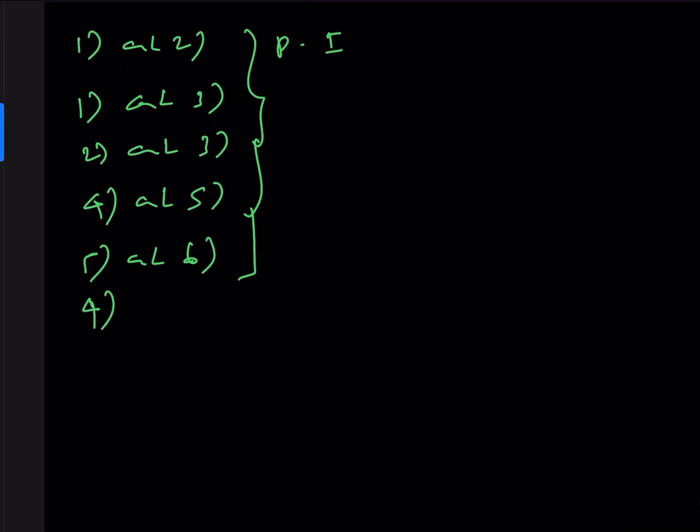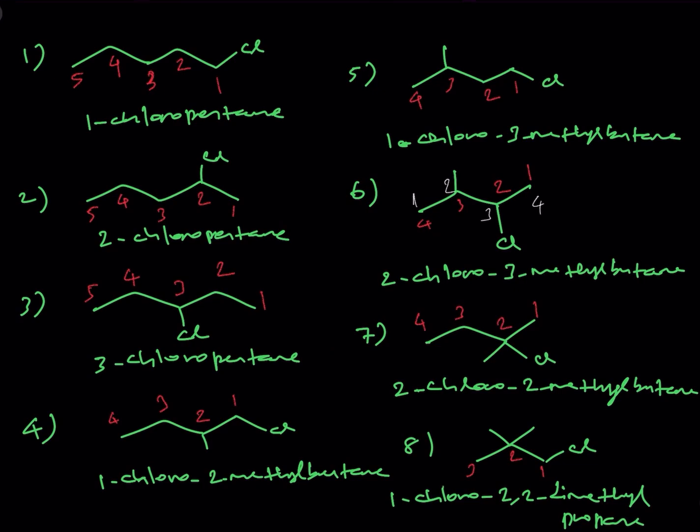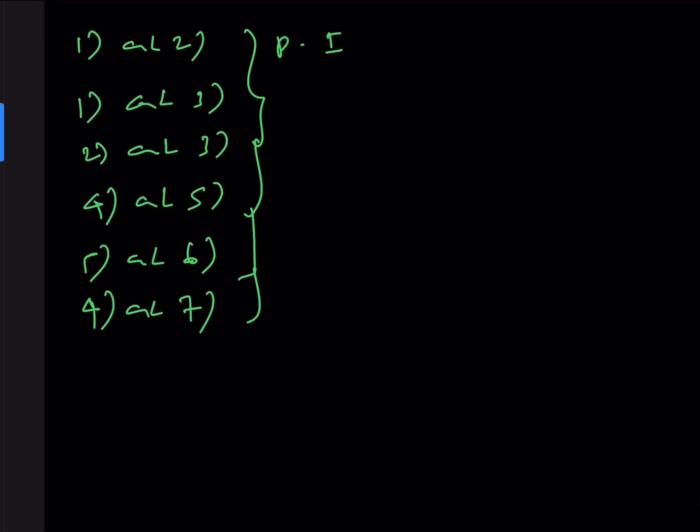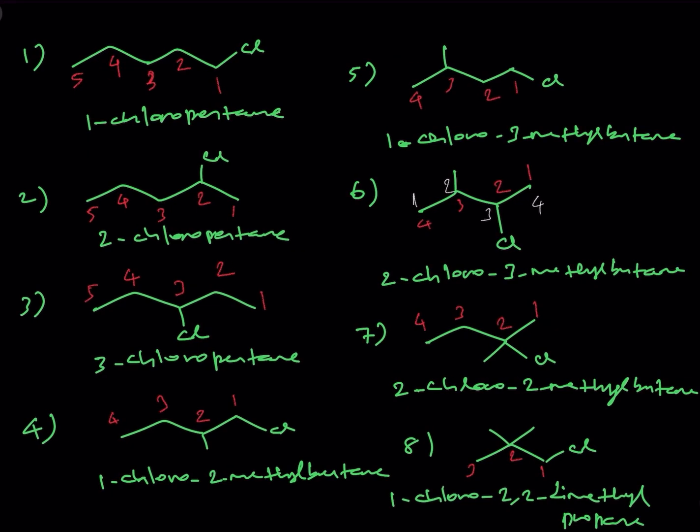What else are we missing? How about 4 and 6? Did we count that? We did not. So 4 and 6 are also position isomers due to the chlorine as well as due to the methyl group.